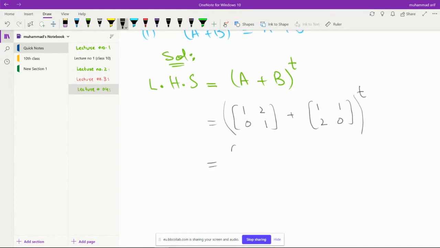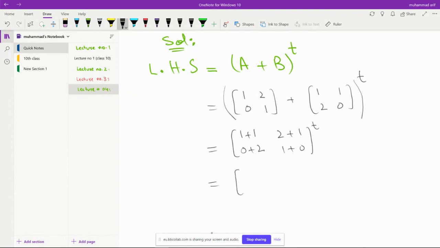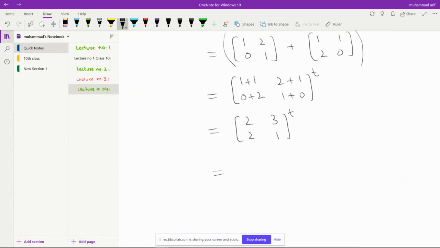Now adding these two matrices, we have 1 plus 1, 2 plus 1, 0 plus 2, 1 plus 0. Whole transpose. It becomes 2 3 2 1 transpose. Now taking transpose, rows are converted into columns, that is 2 3 is converted into column 2 3. Again this 2 1 is converted into column 2 1. We call it equation number 1.